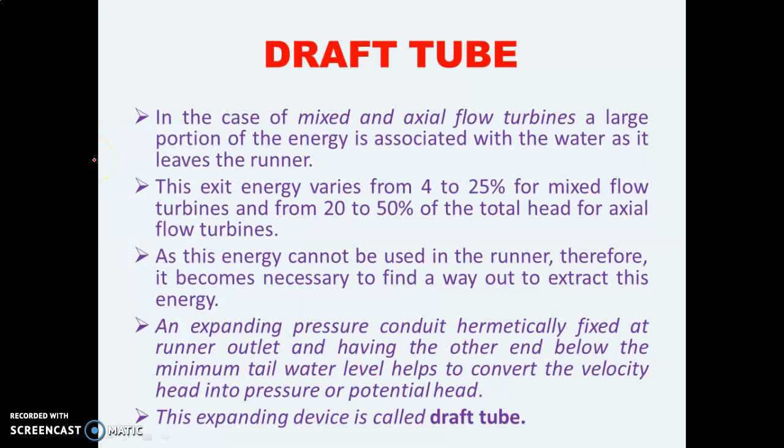In the case of mixed and axial flow turbines, that means the Francis turbine and Kaplan turbine, there is a spiral casing along the turbine through which the water enters. In the beginning, the area of the spiral casing is large. That means the pressure is large. At the end of the spiral casing, the area decreases. It is the minimum. So there, the pressure energy is minimum.